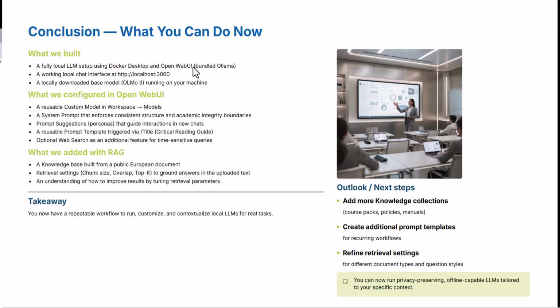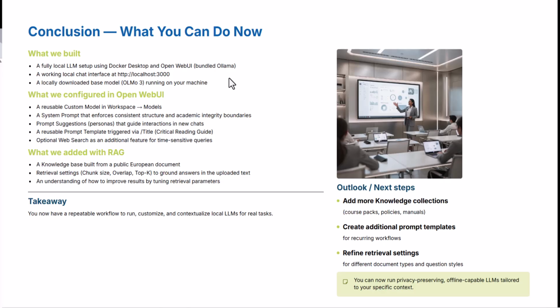Second, the system was configured for practical reuse. The custom model was created in the workspace to bundle the base model with a clear behavior. A system prompt was used to enforce a consistent response structure and integrity boundaries, so outputs become predictable and easier to evaluate.